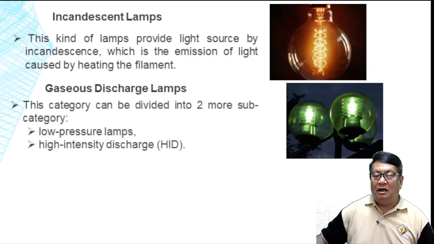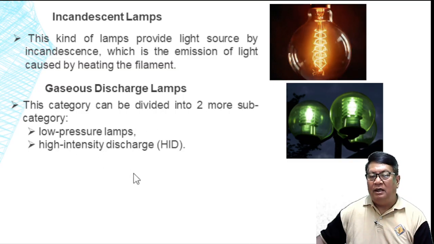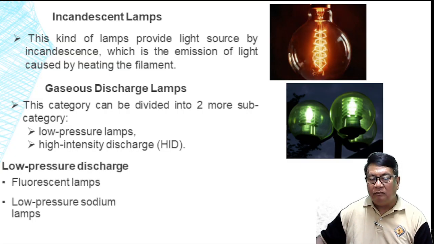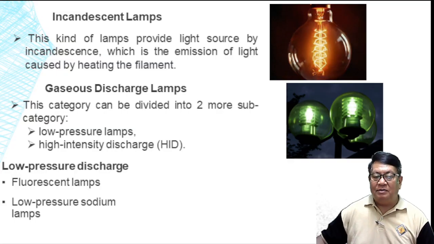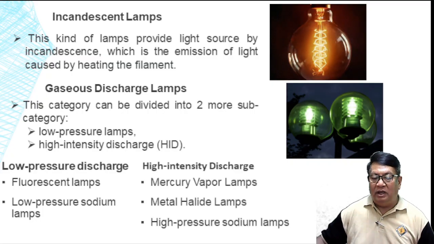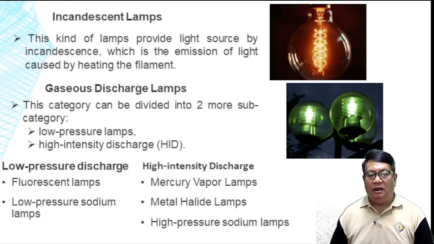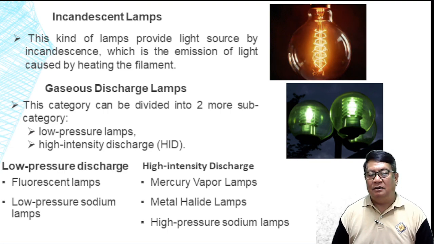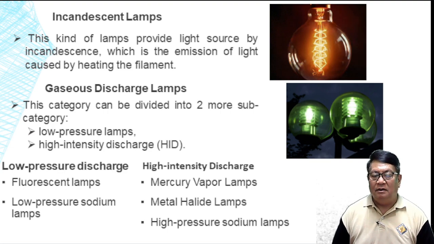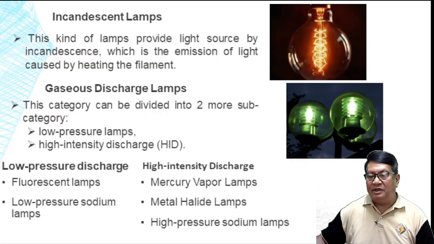Then the gaseous discharge lamps are categorized into two more subcategories: the low pressure and the high intensity discharge, or HIDs. Examples of low pressure discharge are fluorescent lamps, low pressure sodium lamps, and also the CFL, similar to these fluorescent lamps.